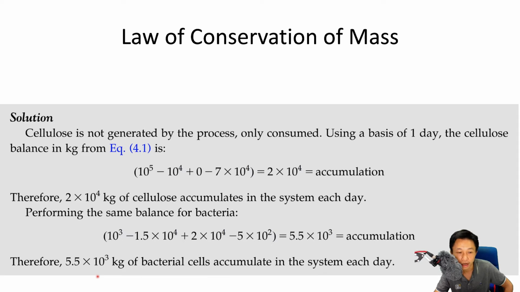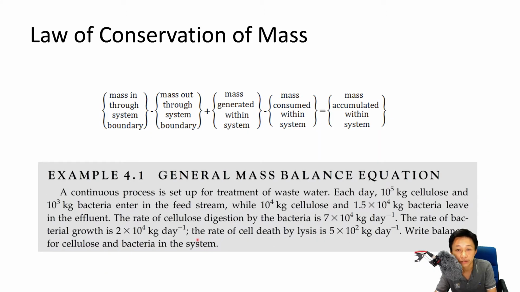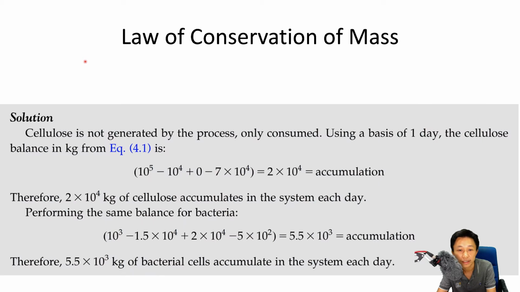So the bacteria accumulate in the system, meaning it builds up in your system, 5,000 kilograms of bacteria each day. So again, you need to have this kind of concept first for the law of conservation of mass for this material balance. Okay, I think it's okay.